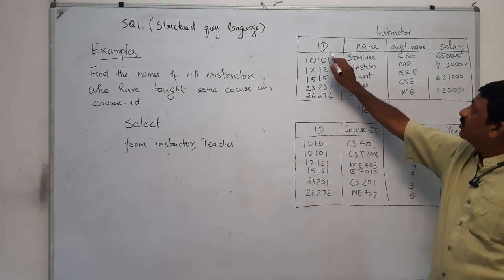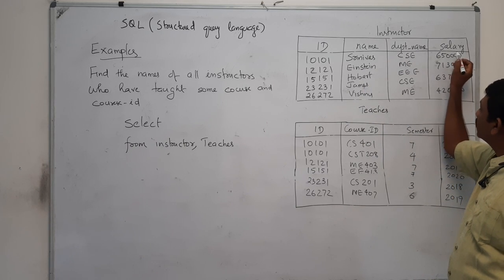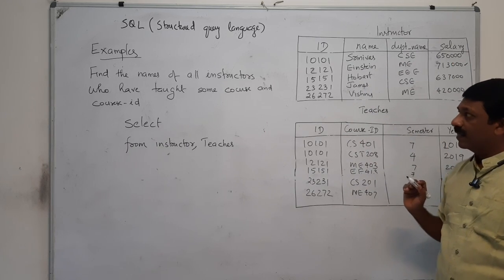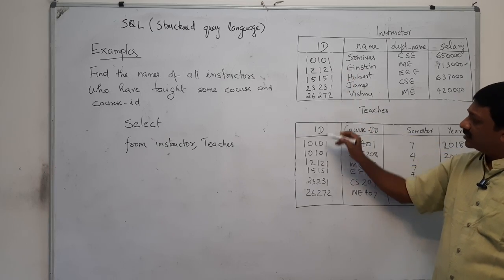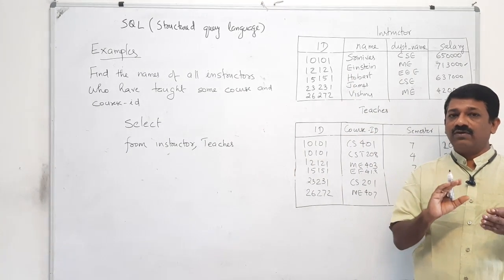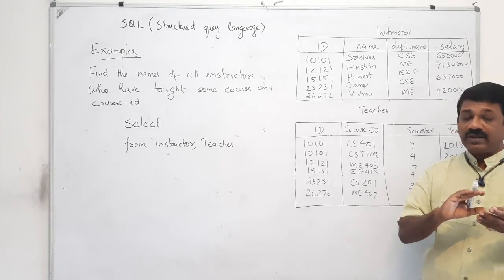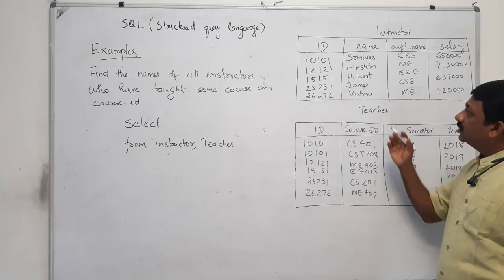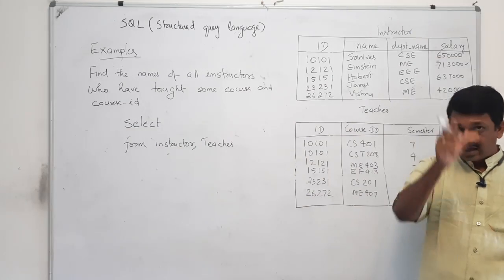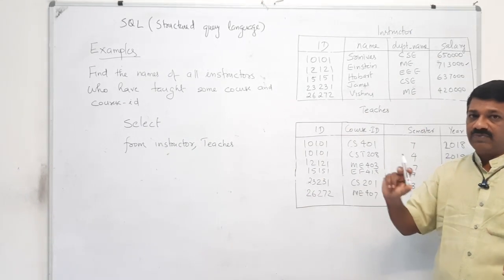Those are instructor.id, name, department name, salary, teachers.id, course ID, semester and year. So here we have 5 entries and here we have 6 entries. So if you are taking the cross product, then the new table will be having 8 attributes and 30 tuples.